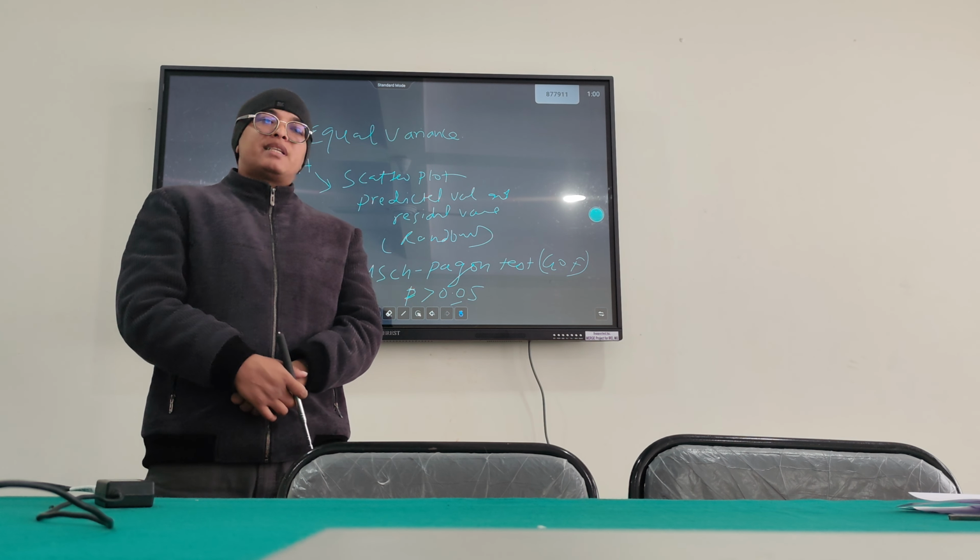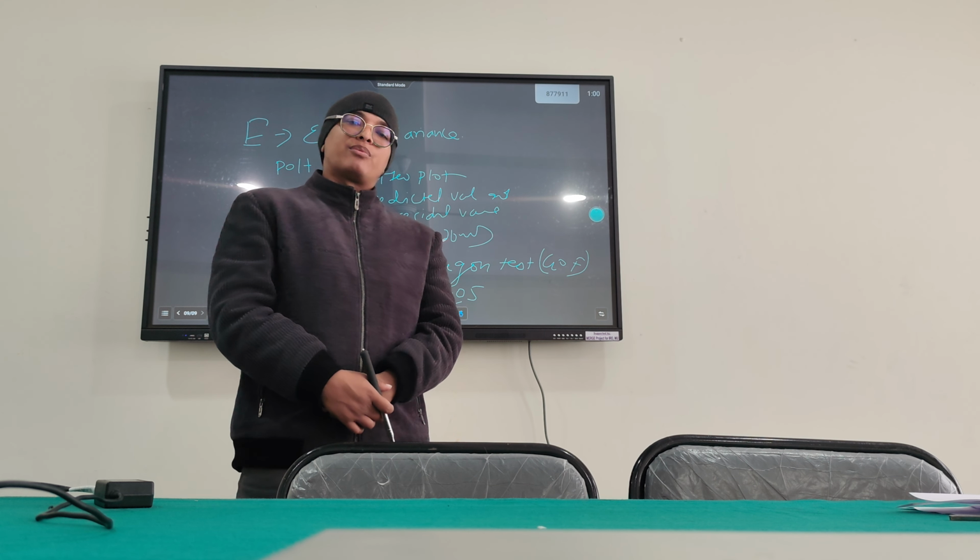If the histogram is bell shaped, it is normally distributed. If the QQ plot is diagonal, it is normally distributed. If you are not satisfied with the diagrams, you go for a statistical test, the Shapiro-Wilk test, where the p-value should be greater than 0.05.